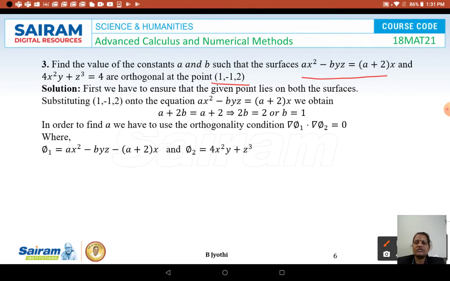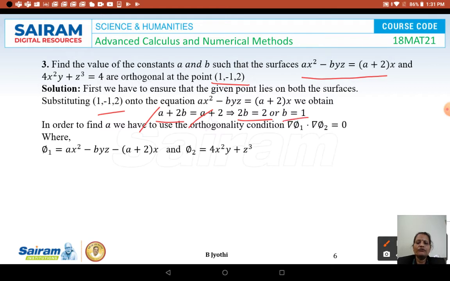Substituting (1, -1, 2) into ax square minus byz is equal to a plus 2 of x, we obtain a plus 2b on the left hand side and a plus 2 on the right hand side. Cancelling a and a, we get 2b is equal to 2, or b is equal to 1.